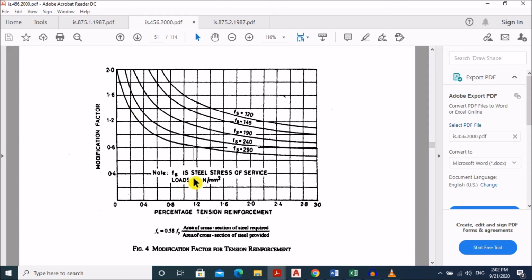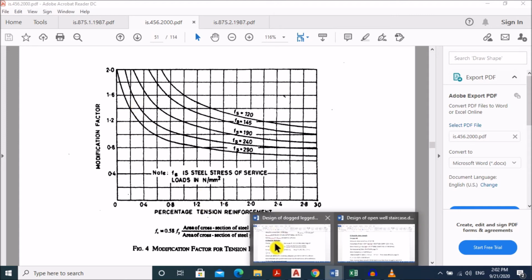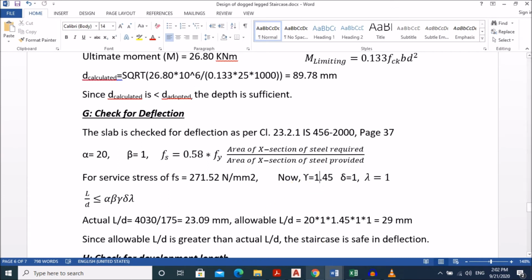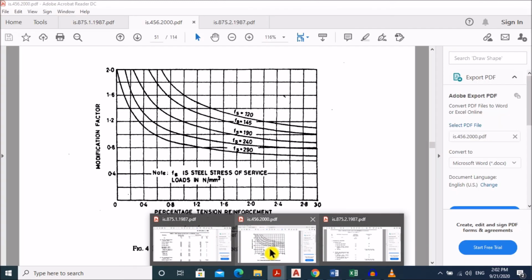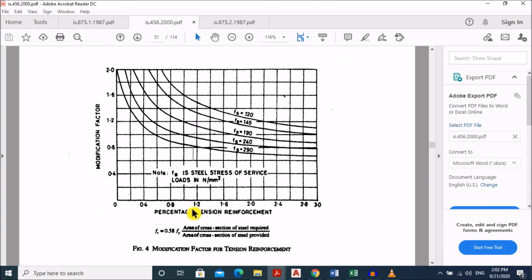And that gives 1.45. I just assumed it is 1.45 here.